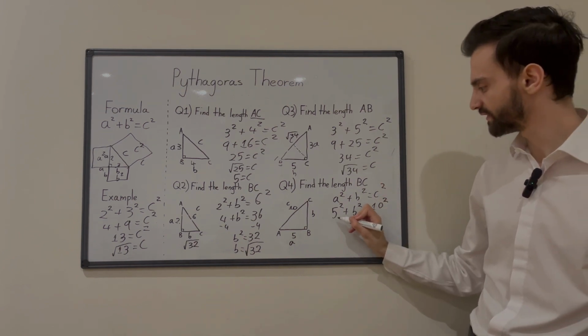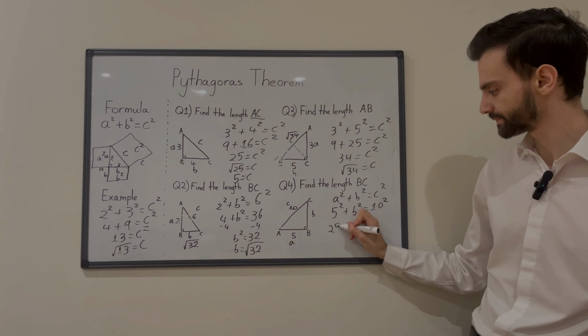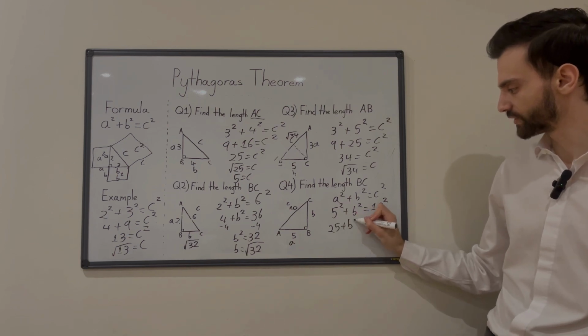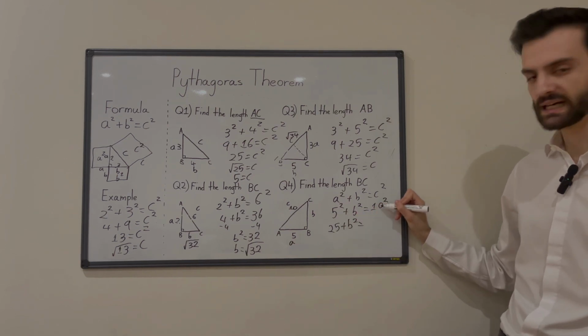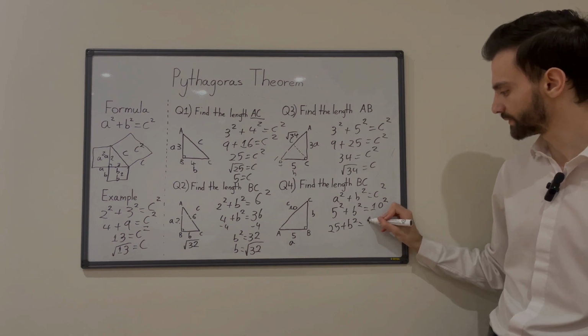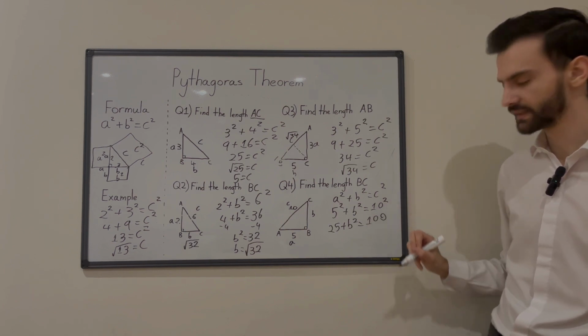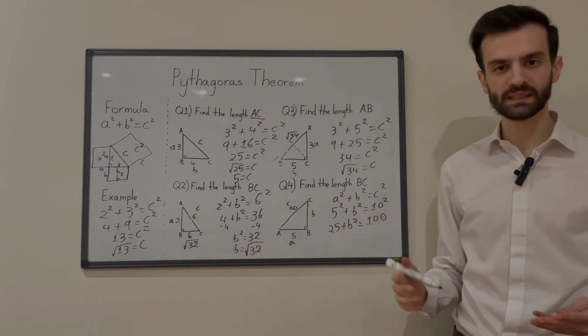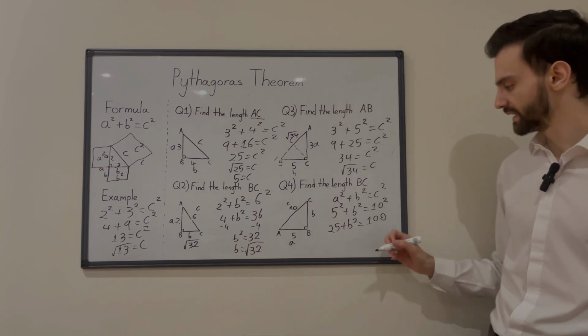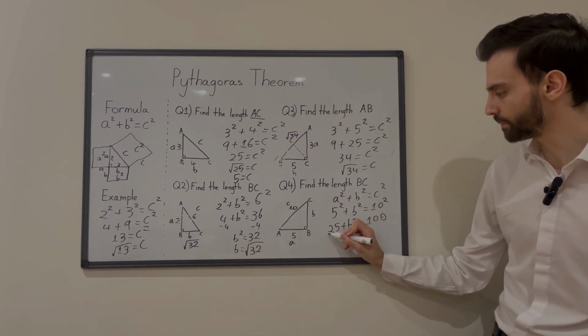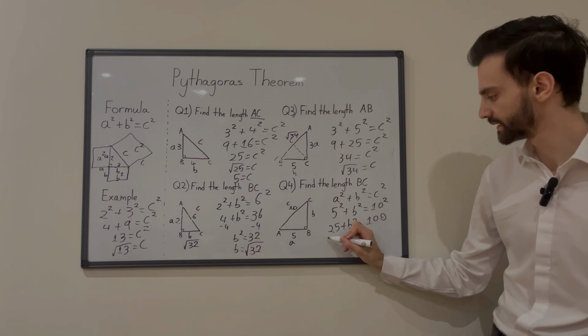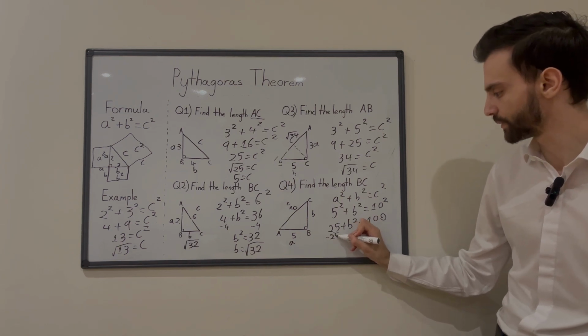Simplify underneath, 5 squared 25. B squared I don't know yet. And I have 10 squared, which is 100. I'm going to rearrange to get B by itself. I'm going to start by doing the opposite of a plus 25, which is minus 25 on both sides.